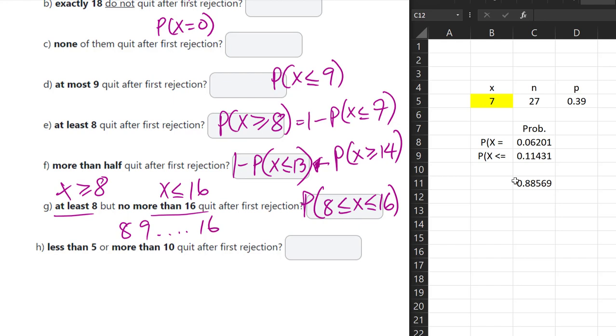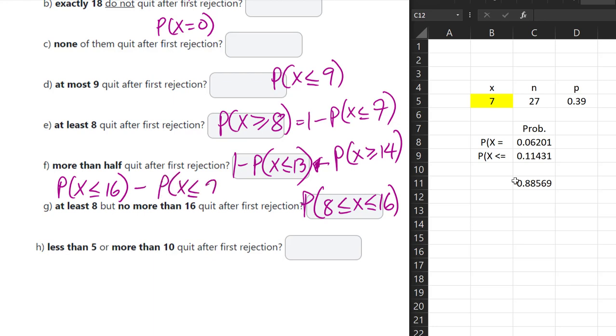That's what we want. We have values below 8 here. We have to take them out. So we take everything up to 16 and subtract everything less than 8 from it. So it's going to be probability that X is less than or equal to 16 minus probability that X is less than or equal to 7. That will give us the result there.